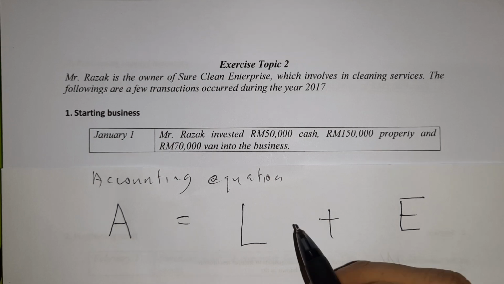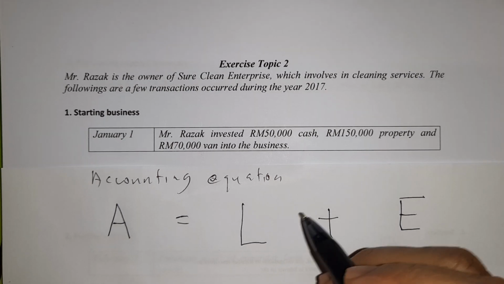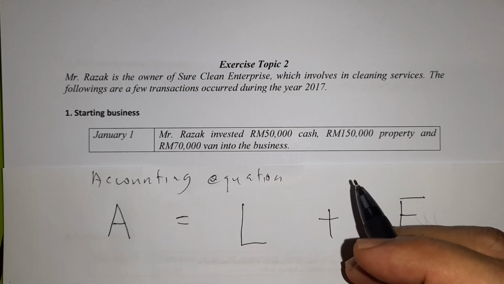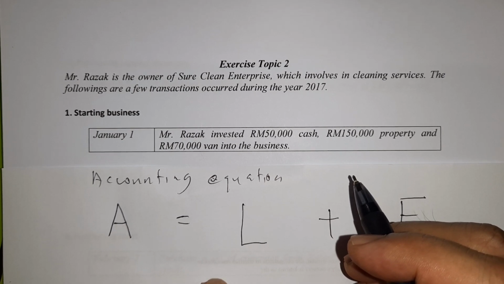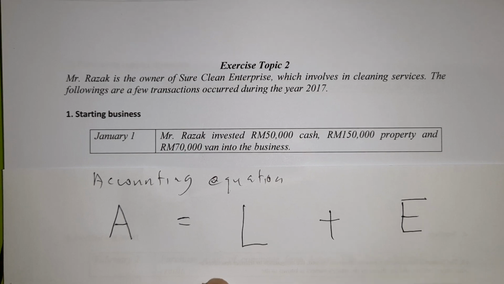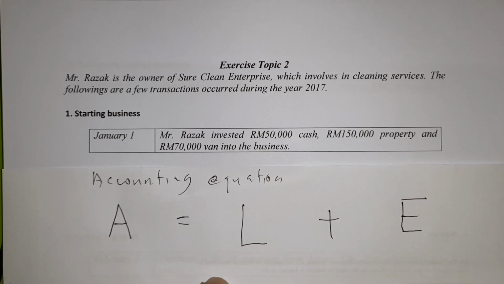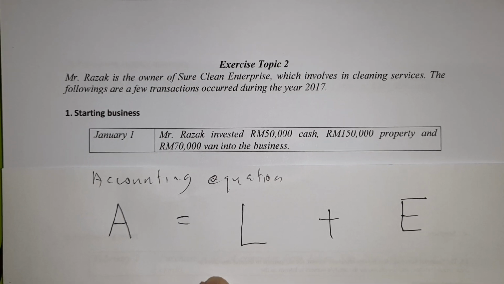Okay, the second thing is the liability. What is liability? Liability means obligations or something that a business has to pay in the future. So the typical examples of liabilities are account payables and bank loan.